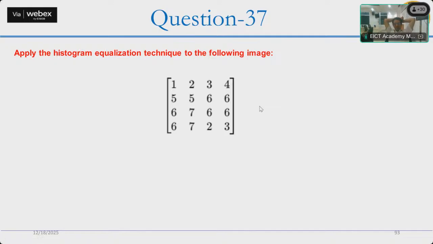Whatever value you require, you tell me. I will tell you, but tomorrow you need to come up with its solution. This is the assignment for you. Please note it down.